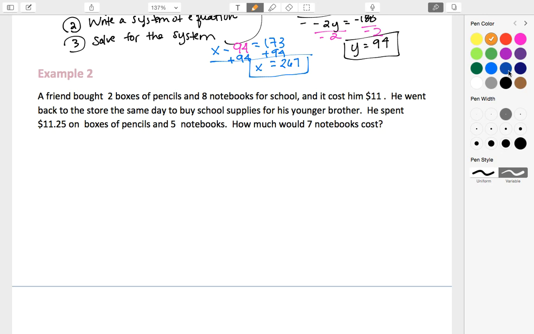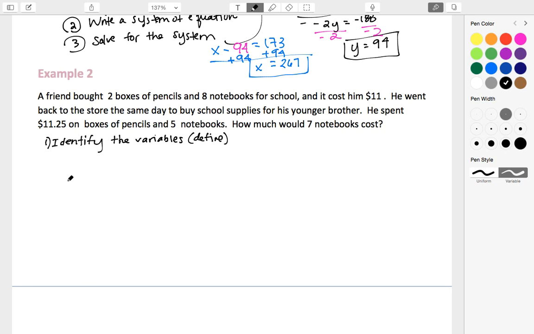Okay, so this is a lot of information. So the first thing that we're going to do, like we've done in the first problem, is we're going to identify the variables. Okay, and we want to define them.